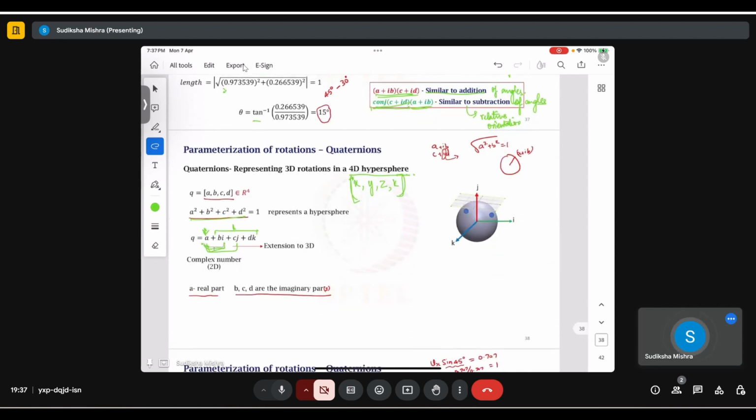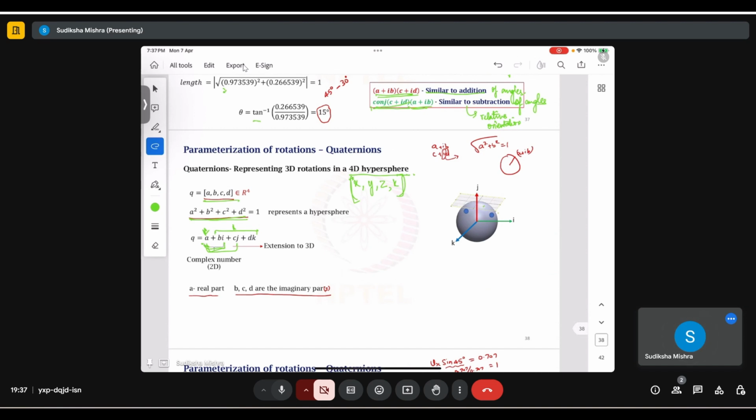To represent 3D rotations, we use quaternions. Quaternions are essentially points on a 4D hypersphere, wherein A, B, C, D belong to a 4D hypersphere of unit length. So A square plus B square plus C square plus D square is equal to 1.